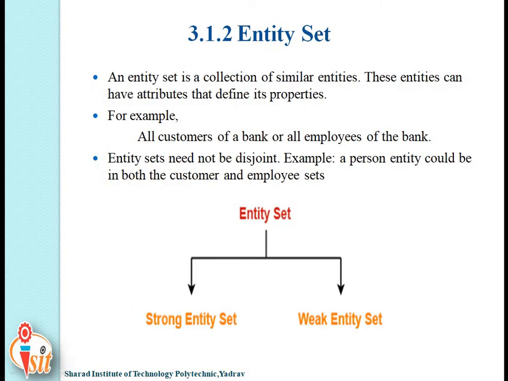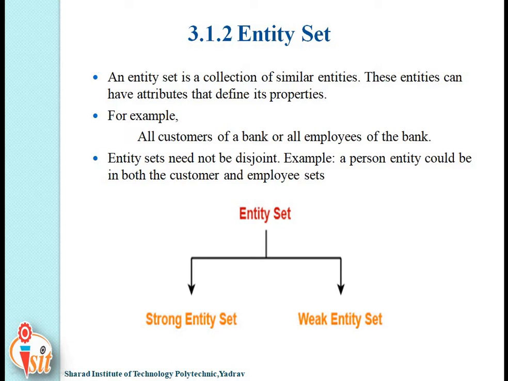Now we will see the second concept, that is entity set. An entity set is a set of entities of the same type that share the same properties or attributes. As the name suggests, a set is nothing but a group. It's a group of similar kinds of entities.